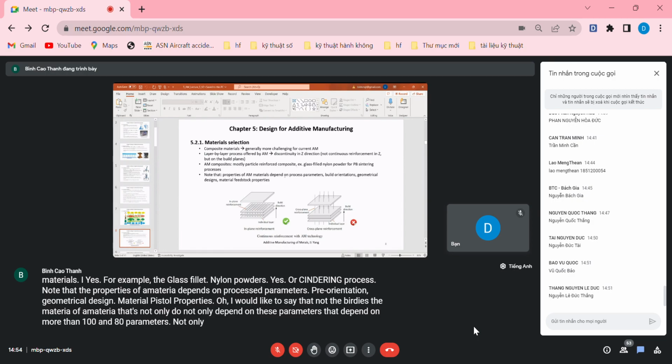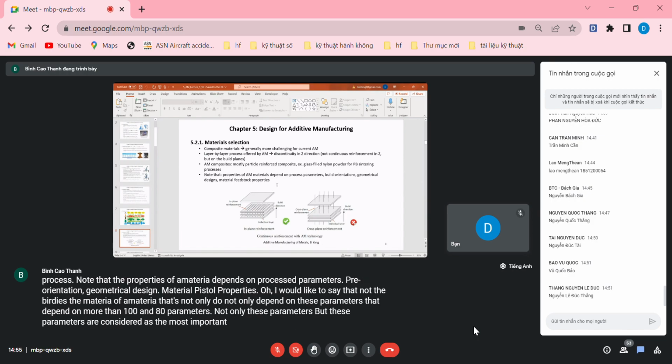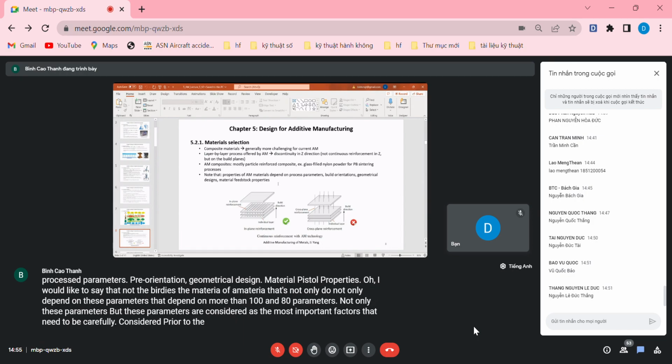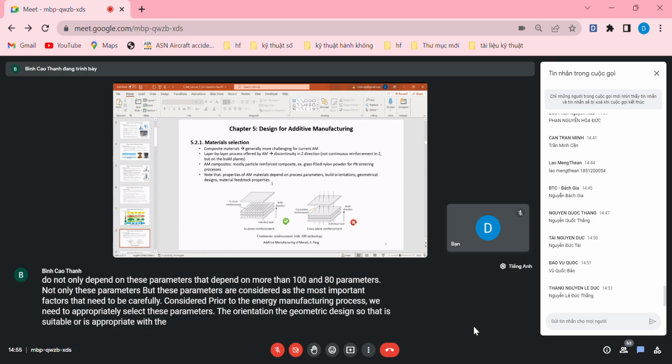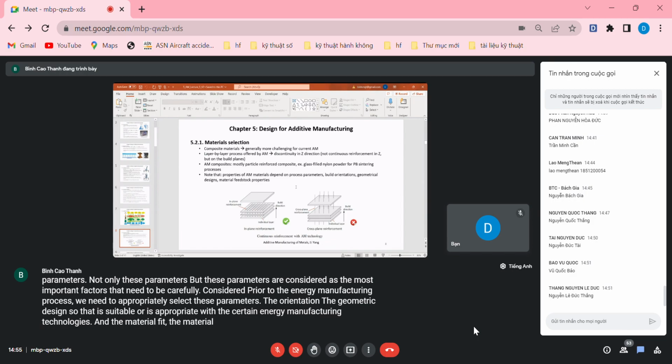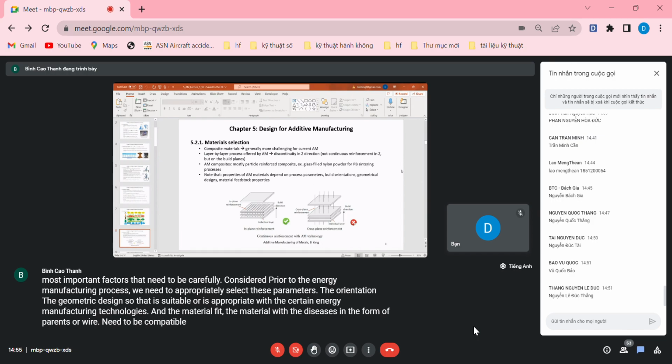But these are considered the most important factors that need to be carefully considered prior to the additive manufacturing process. We need to appropriately select these parameters, the orientation, the geometric design, so that they are appropriate for the certain additive manufacturing technology and the feedstock material, whether in the form of powder or wire. You need to be compatible with the technology that you have selected for the process.